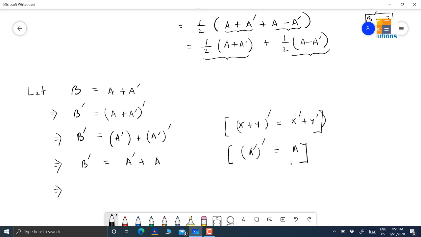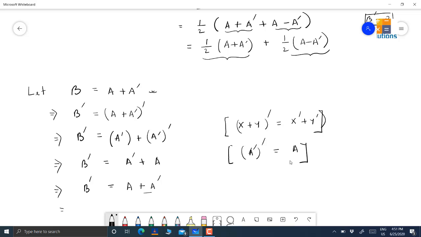Again we know that matrix addition is commutative, so I can interchange the positions on the right hand side. So I get here A plus A dash. It means B dash is equal to this result. Already we got that B also has the same result.